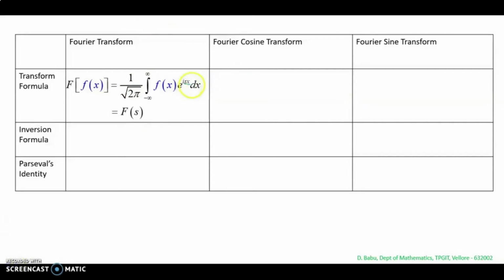We know that e power i theta is cos theta plus i sin theta. Therefore, e power i sx is cos sx plus i sin sx. So thus the Fourier cosine transform formula is Fourier cosine of f of x equal to square root of 2 by pi, 0 to infinity, f of x cos sx into dx.